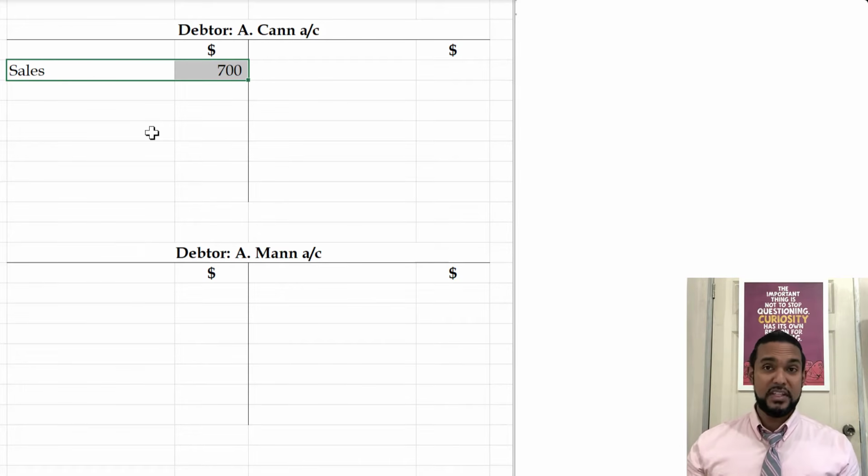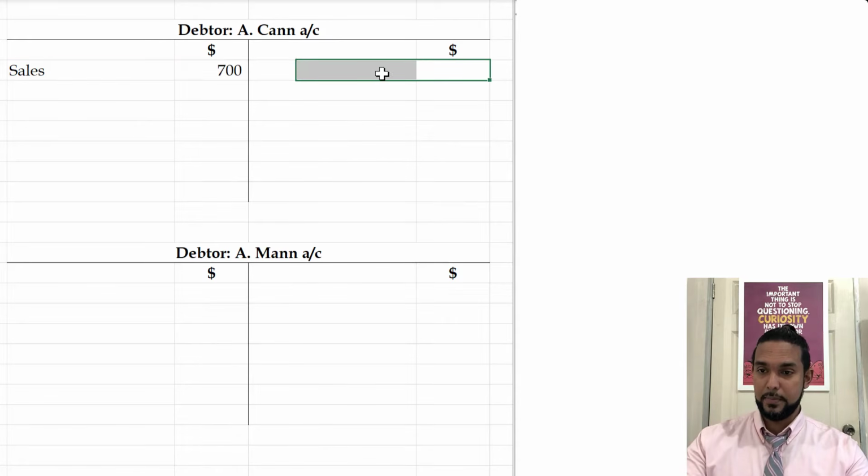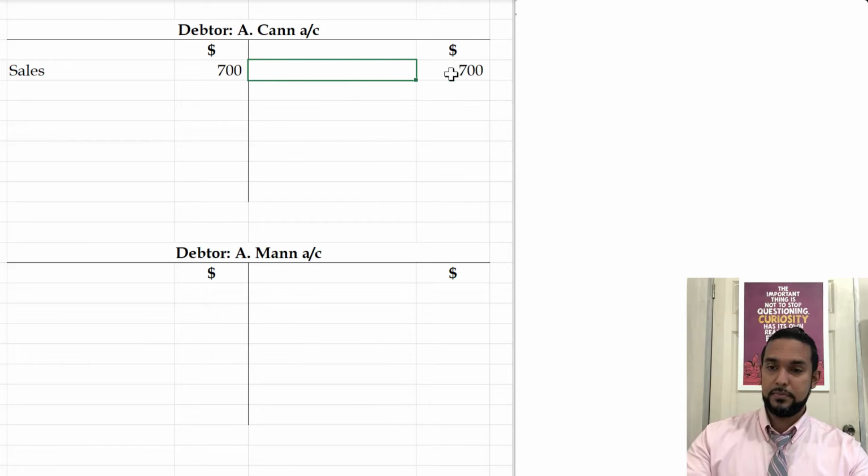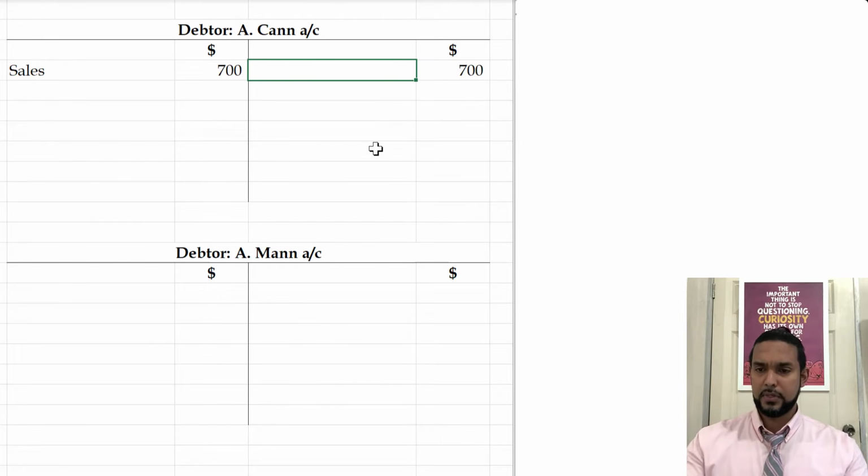We have to use double entry to remove it. If there's a debit that shouldn't be there, we do the opposite. We go on the opposite side of the account, which is the credit side, and enter the same amount to counterbalance it.